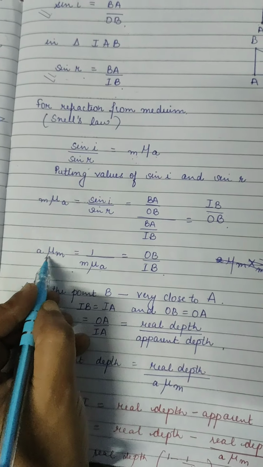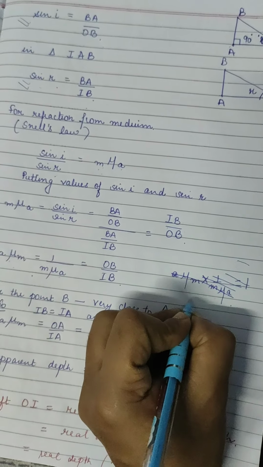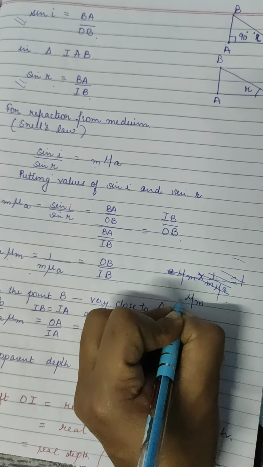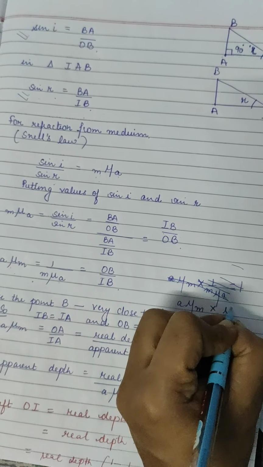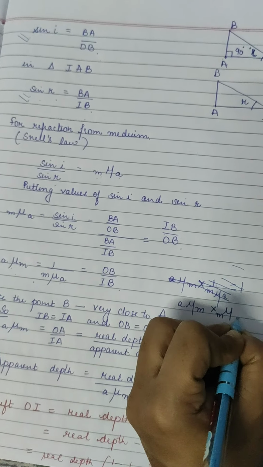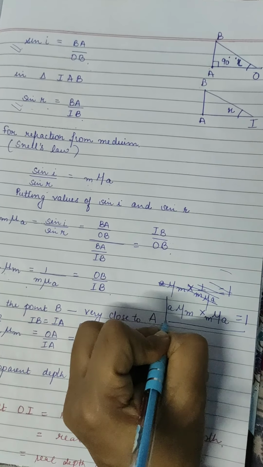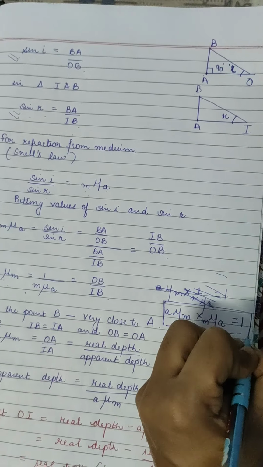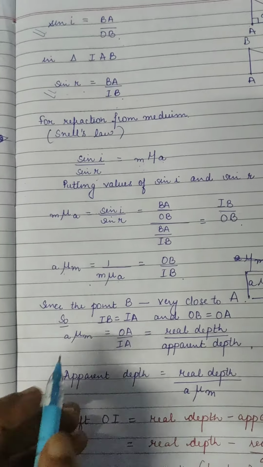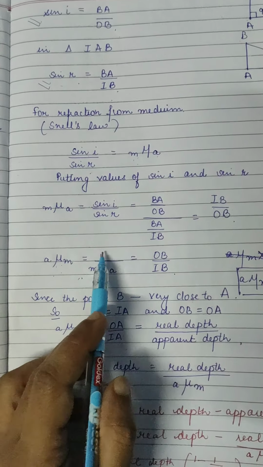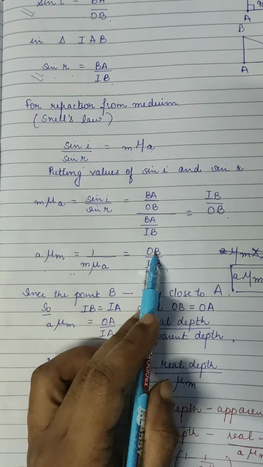We have done this relationship. Sorry, I have written it wrong while writing. That is mu m a into mu a m is equal to 1. This is our relationship. Sorry, that's just a writing mistake. So a mu m is equal to 1 upon m mu a.